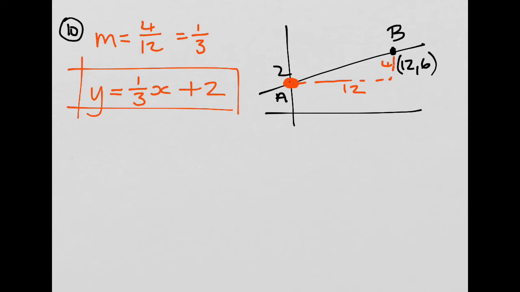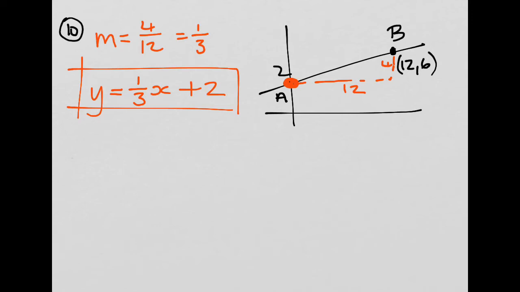Now the question says there's another pipe, 3y minus x equals 6, and they intersect. Okay guys, I've just realised I made another mistake. Surprising. This y equals 1/3 x add 2.